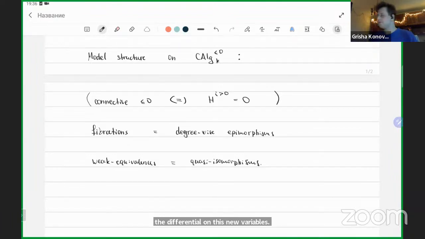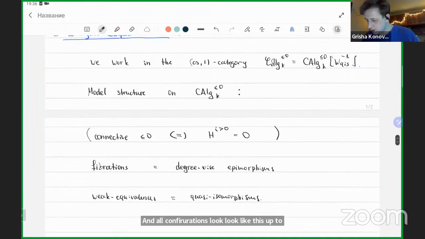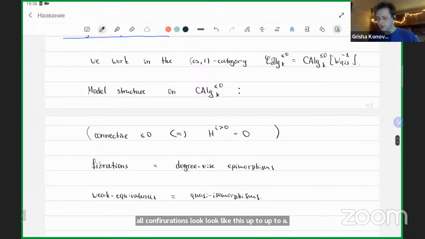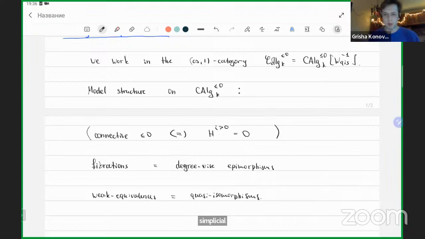That's what people sometimes call quasi-free algebras, and relative quasi-free algebras are cofibrations, and all cofibrations look like this up to retract. And this model category even has a simplicial enrichment, in terms of which you can compute the mapping space in the infinity one category.